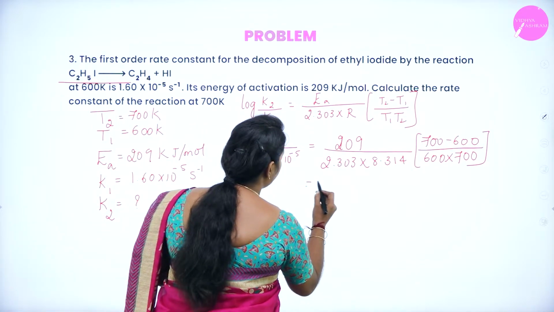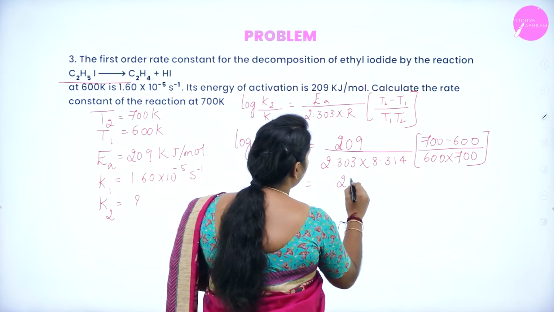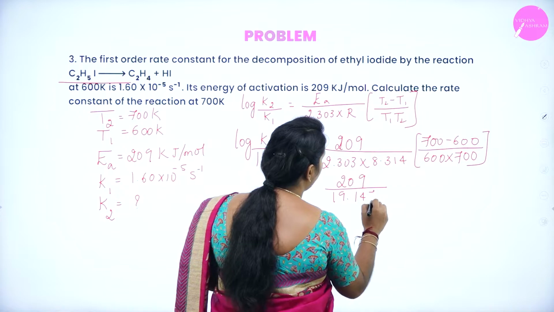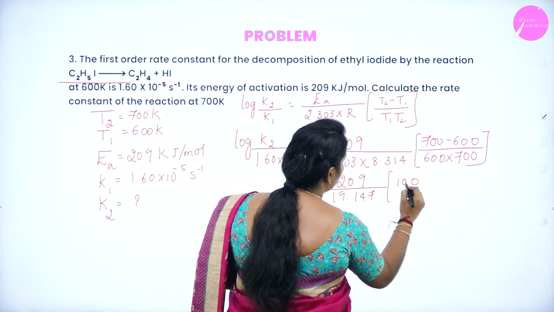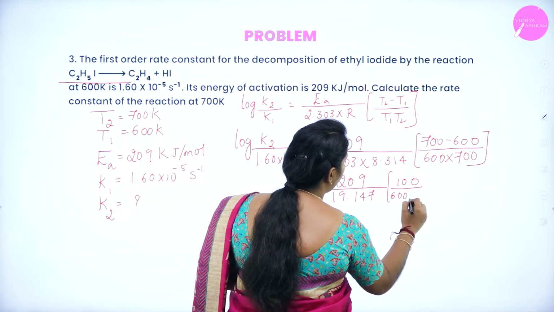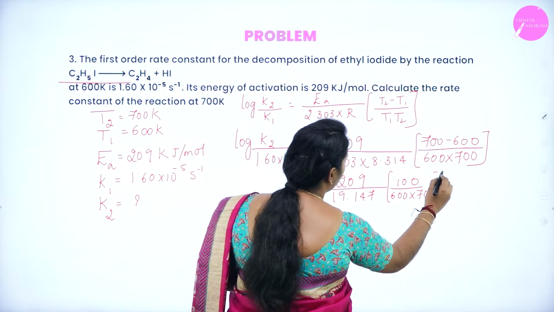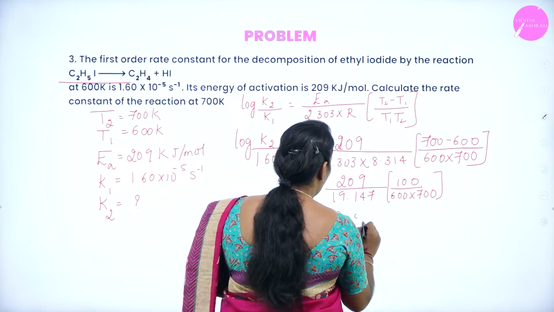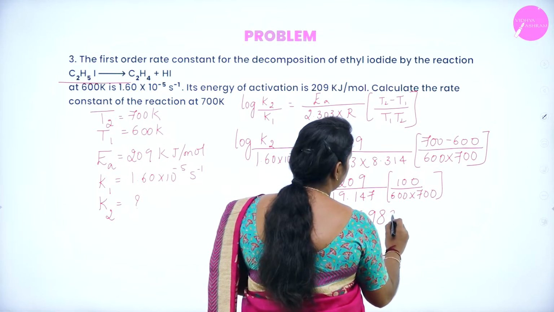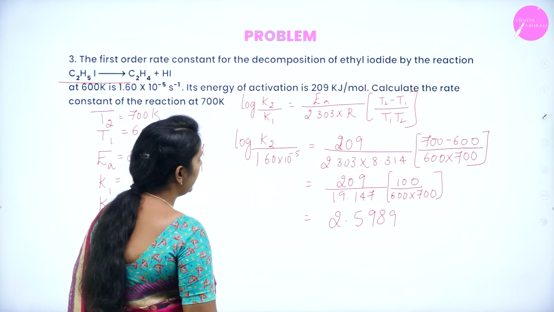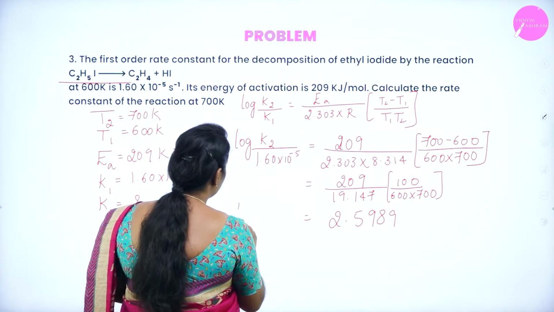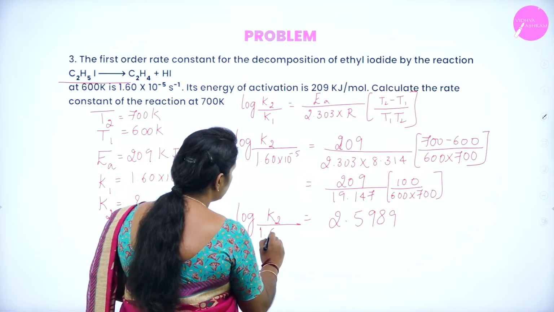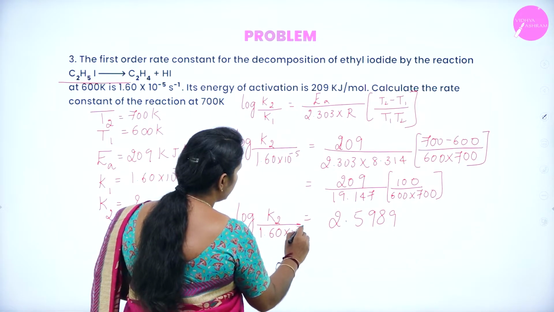Now 209 divided by 19.147 into 100 divided by 600 into 700. If you solve all these things, you will get 2.5989, and on this side we are getting log of K2 divided by 1.60 into 10 power minus 5.